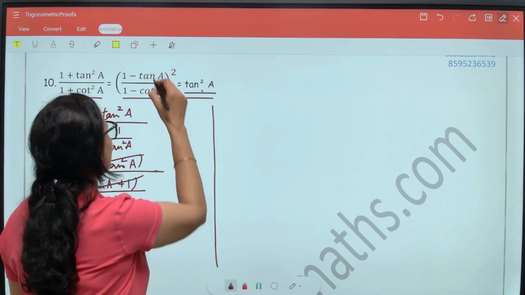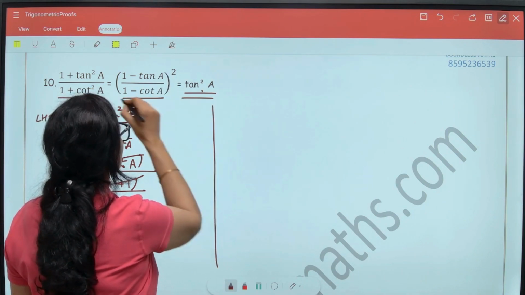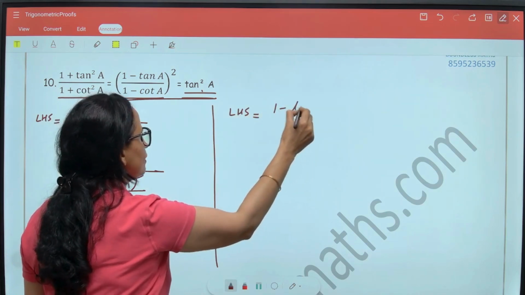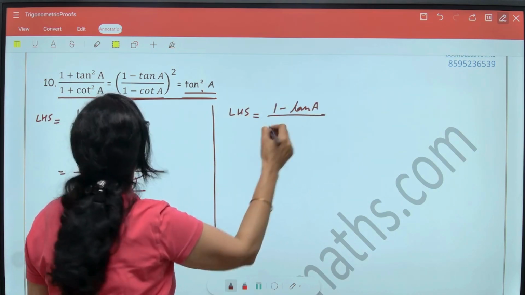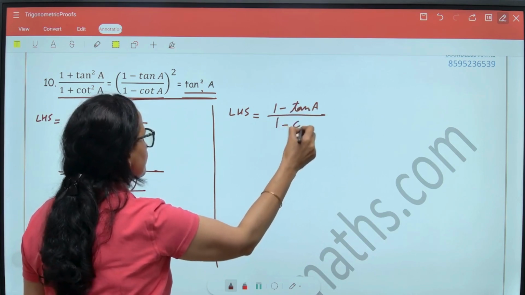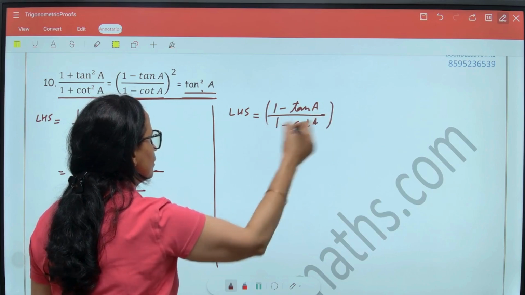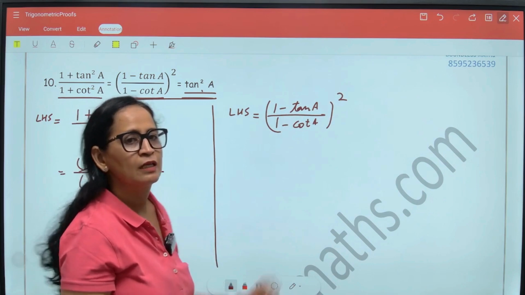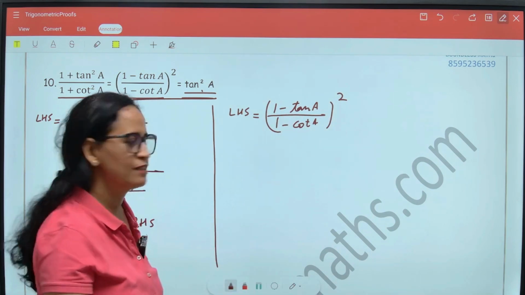Now let's look at the second expression. So what do we have on the left hand side in this case? 1 minus tan A upon 1 minus cot A and whole square. So again, let tan A be tan A because we need it. Cot A convert to tan A and let's simplify.